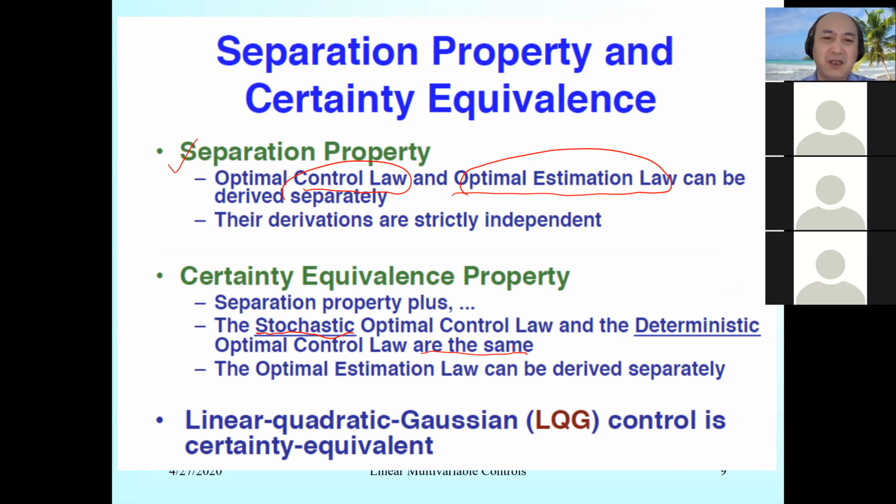The optimal estimation law can also be derived separately, to estimate my x hat. So this is saying that although we are dealing with everything stochastic, it could be treated as deterministic, okay?